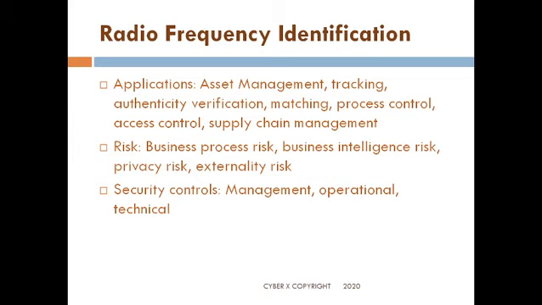Now, what would be the risks which emanate from this? You could have business process risk. The entire business process would be at risk if data gets stolen. Then business intelligence risk, because many of these devices could be storing business intelligence data, which could get stolen. Privacy risks, because there is privacy content in this data, which if stolen amounts to a risk. And externality risk, because radio frequency is talking at a distance, and you could have interference coming in from somewhere else.